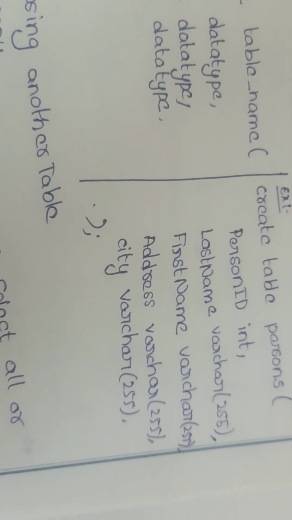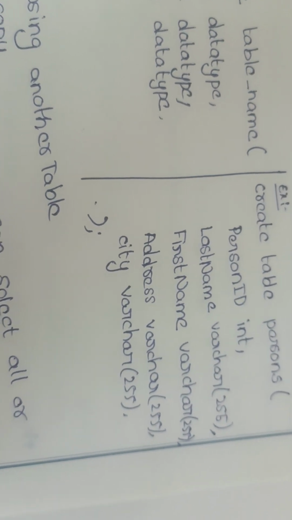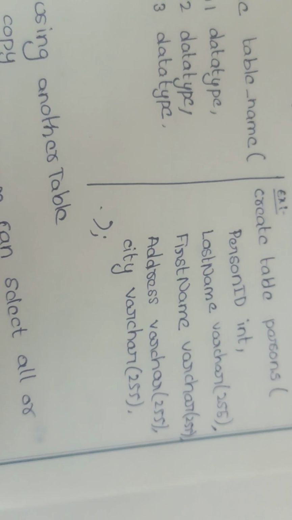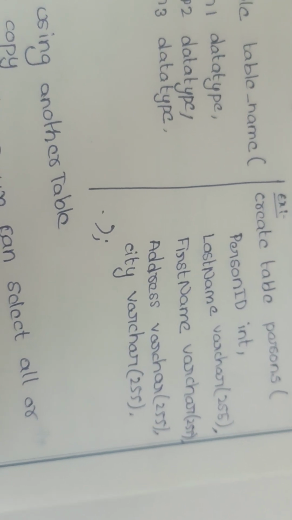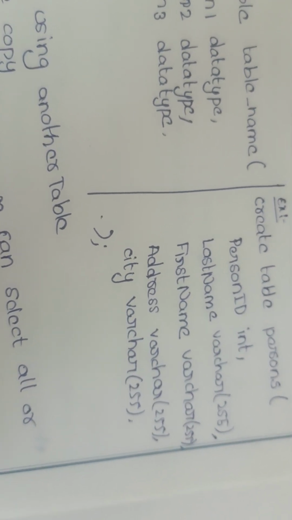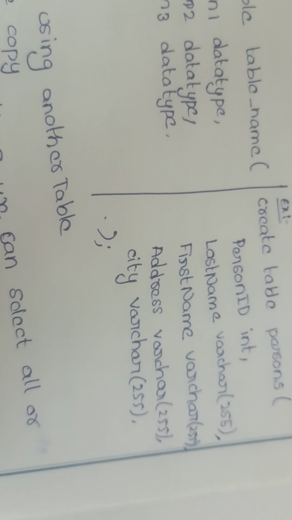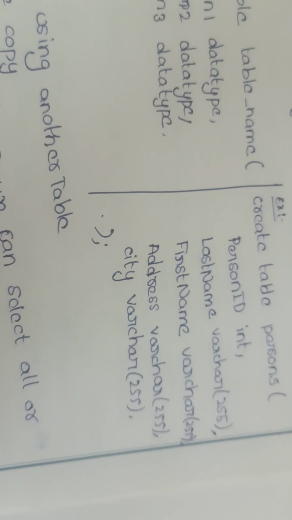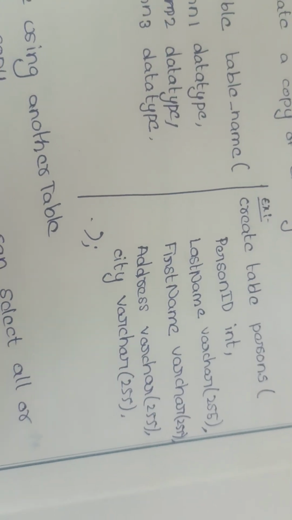Here I mentioned 255. At the same time, FirstName varchar 255, Address varchar, and City varchar. If we want to give any age, then we can mention Age int. That's it. This is the way to create a table.